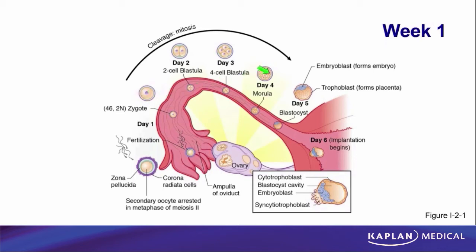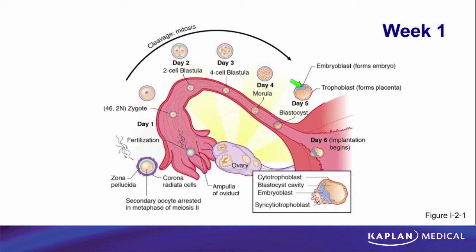Okay? By day 5, something interesting happens. The cells continue to divide, but now they start to rearrange themselves. The way they rearrange themselves is that the extracellular fluid between these cells all starts to aggregate together into one large fluid-filled cavity, and the cells get densely packed on the other side here.